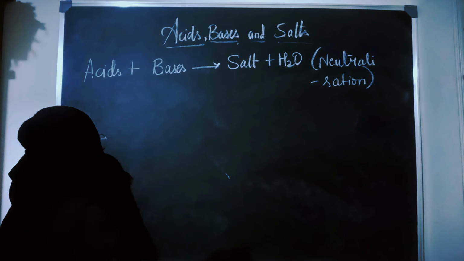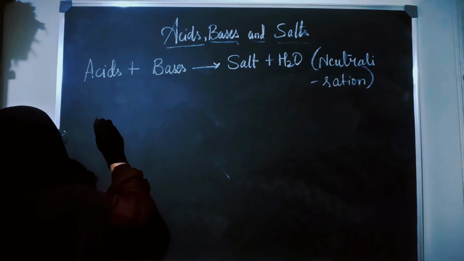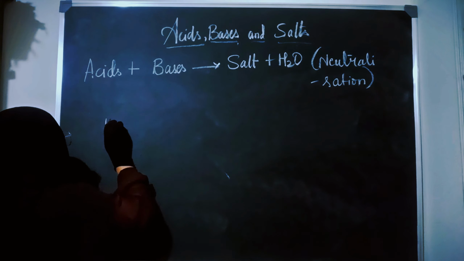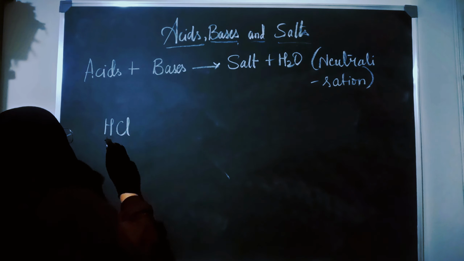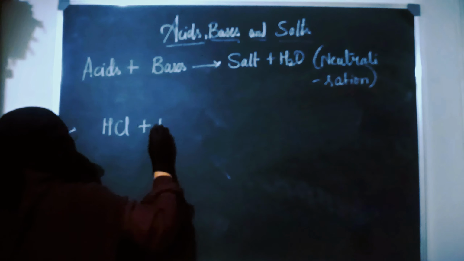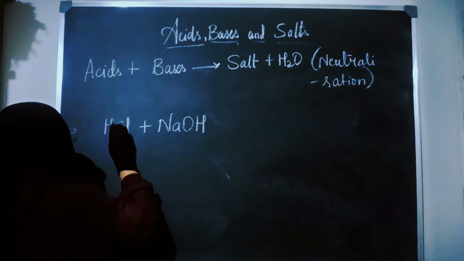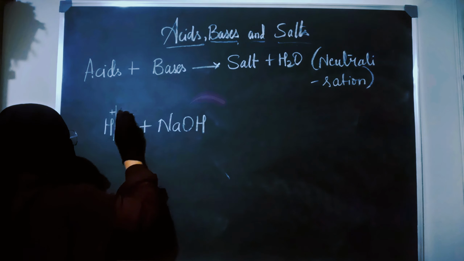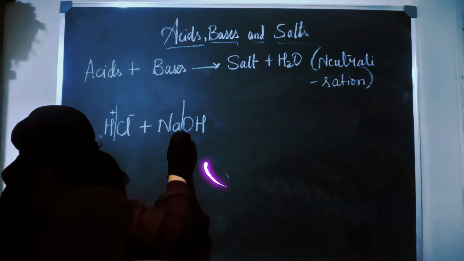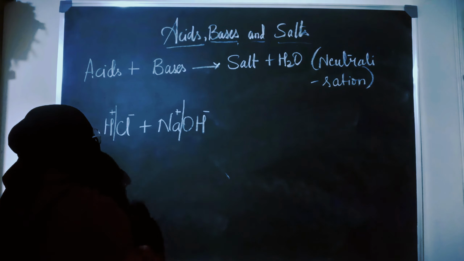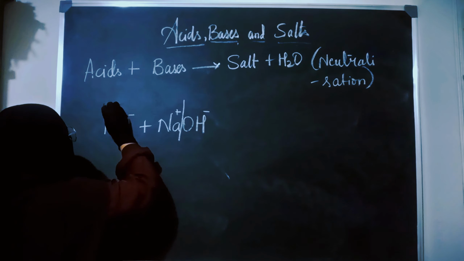Simple example this is going to be. If I talk about the acid HCl plus NaOH, very simple, H plus and Cl minus will be formed at dissociation. Na plus and OH minus will be formed at dissociation.